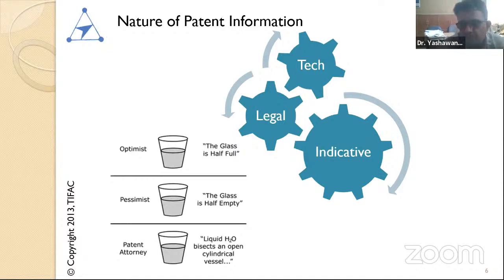So the value of a patent, or in other terms, the value of intellectual property rights in all senses, is in enforcing intellectual property rights. So real value is there.